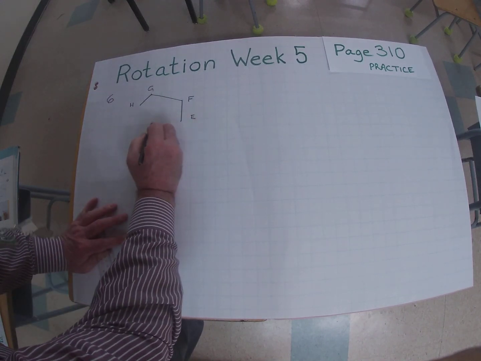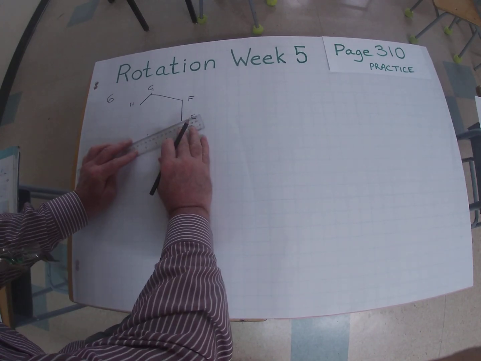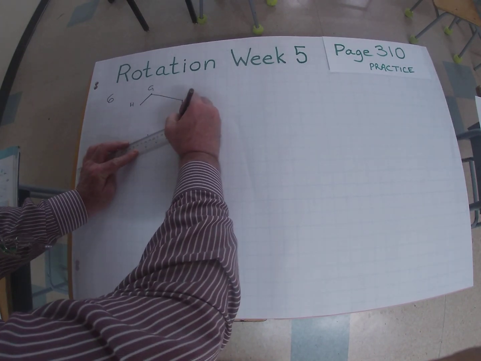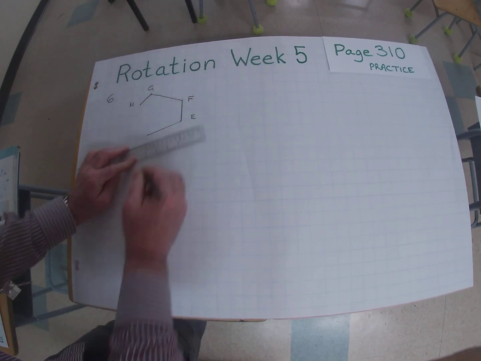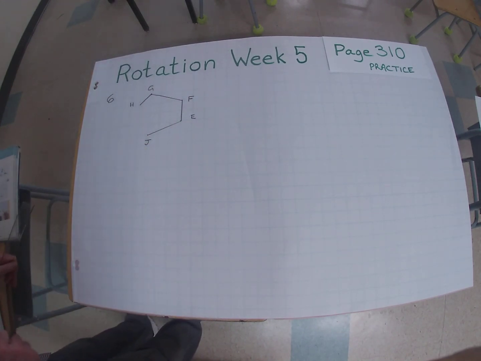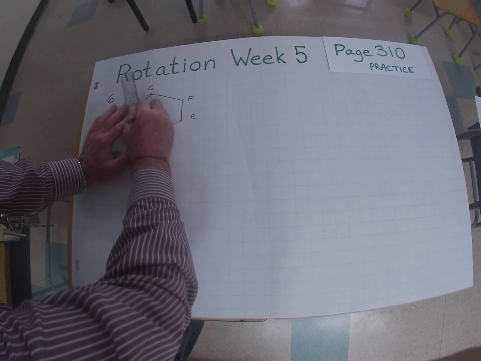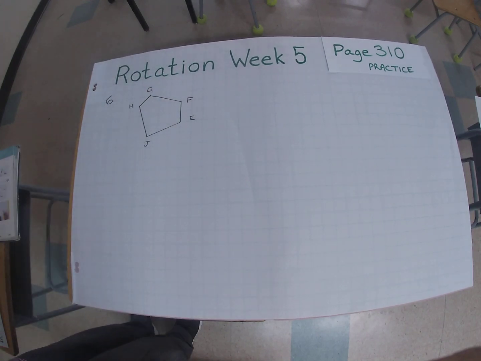So 1, 2, 3 left and 1 down. So that point there, J. Okay, and J to H is just finishing it off.